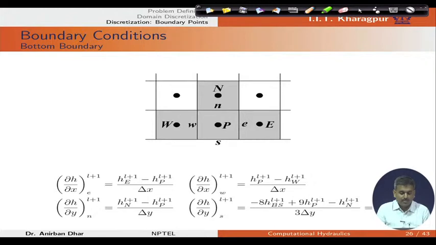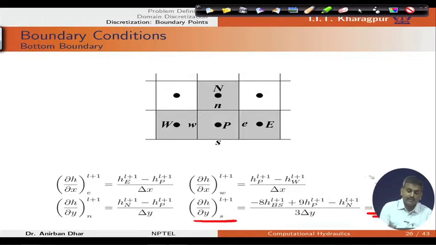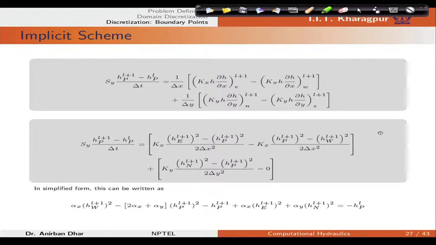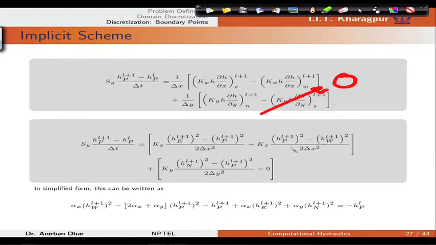Now, if we have bottom boundary, again for bottom boundary we need to apply this 0 condition, other terms are same like our interior points. Now, if we apply the same thing here, so this is 0 for other faces, we have these forms.